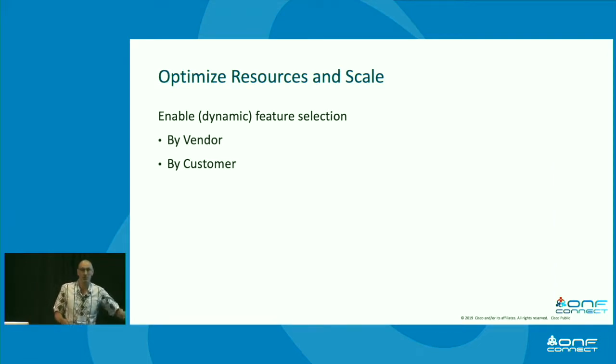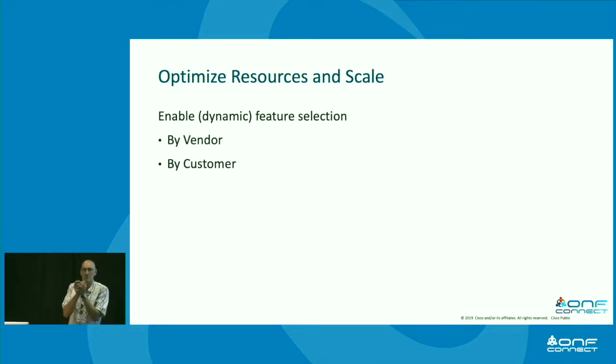The other opportunity is to take advantage of scale and optimize resource usage in their chips, because they can create profiles that have a selection of features that either the vendor or ideally even the customer can choose.